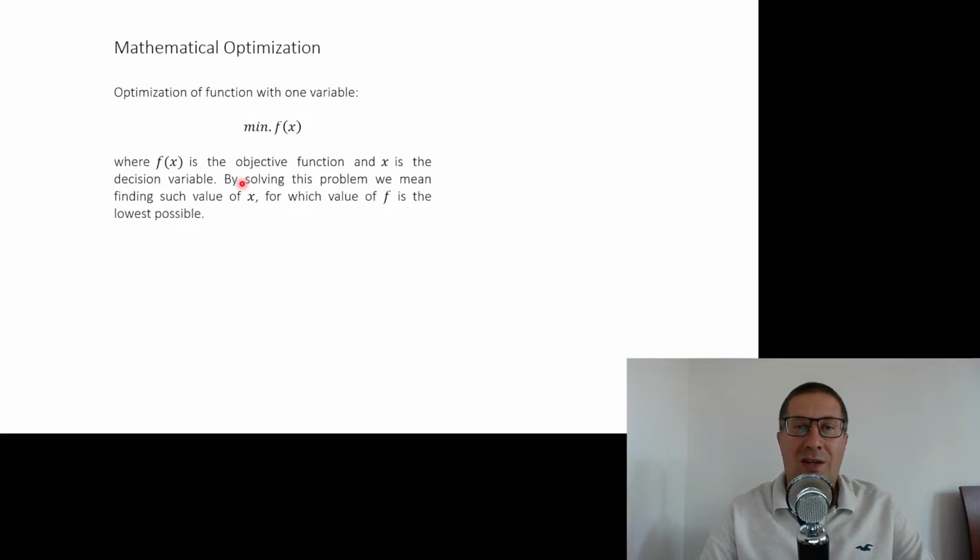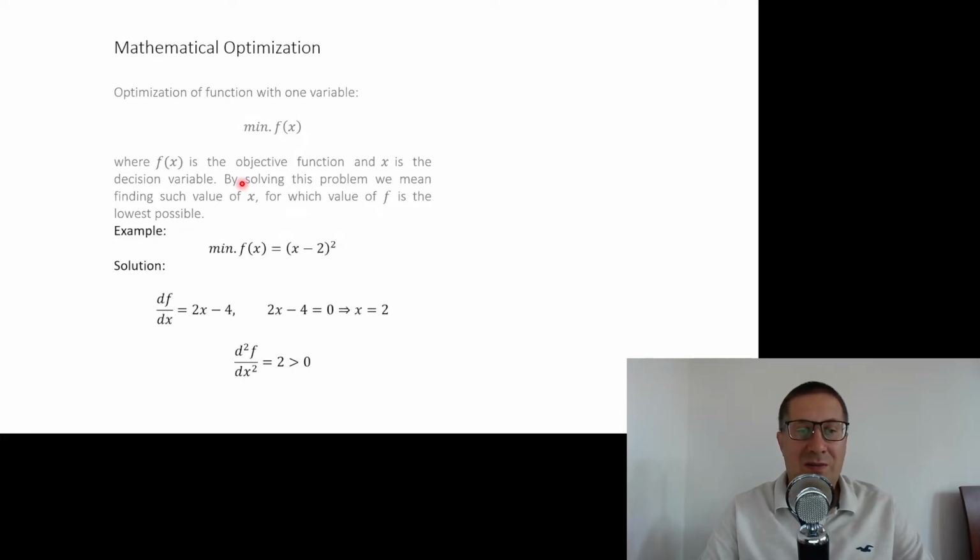Okay, so now we can see the example. The function looks like this. So how to find a solution? As you remember, many times I told you that gradients are our friends. They tell us where the optimal solution is.